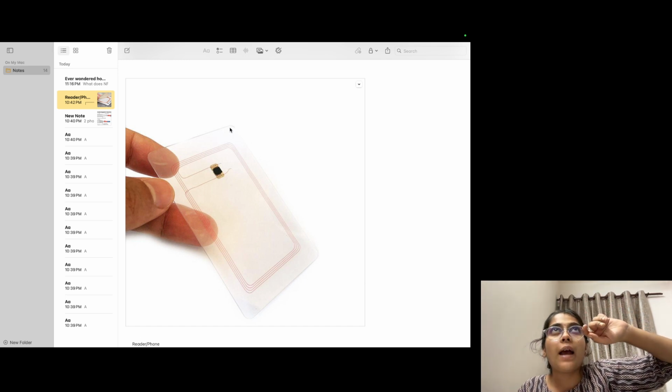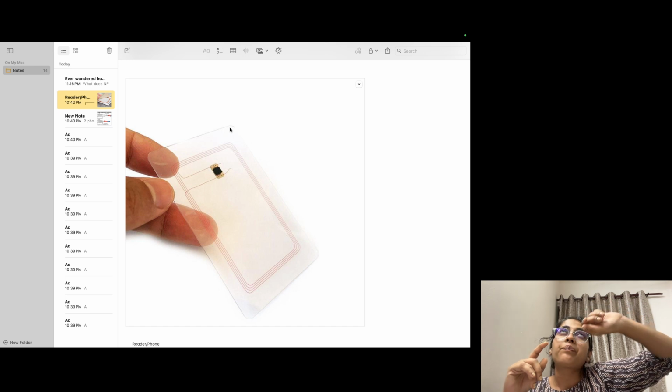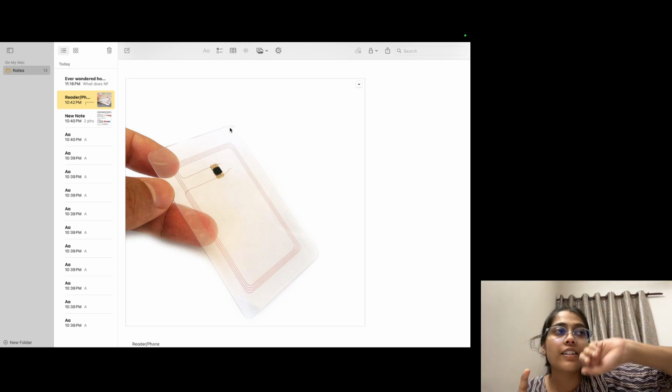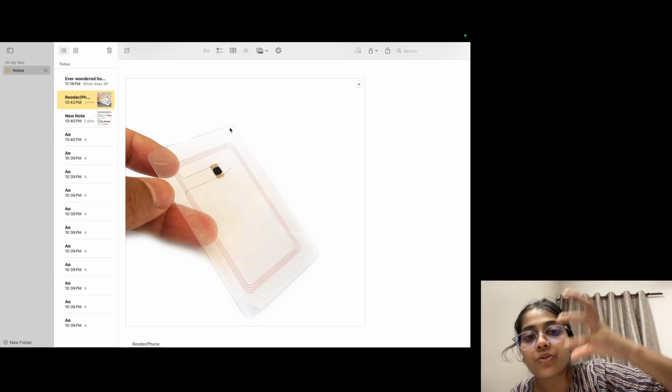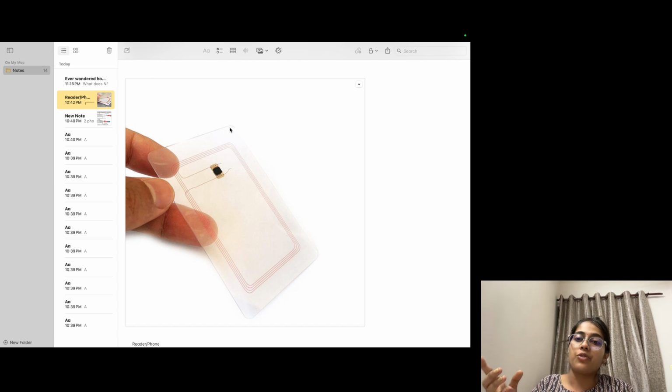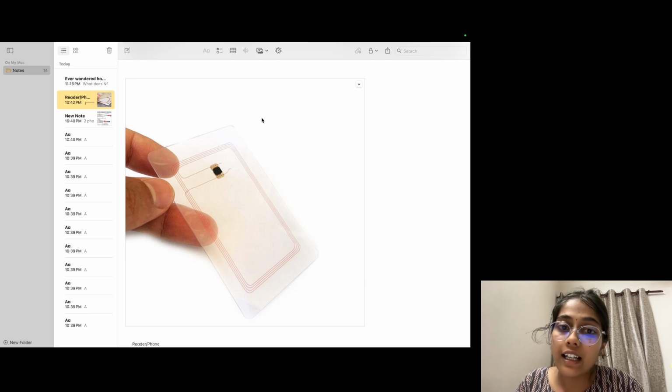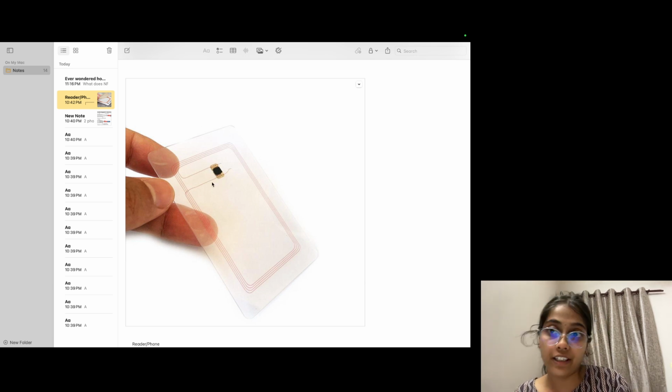Normally it is connected to the electricity, and electricity of course produces a magnetic field. So this reader starts producing the magnetic field. Then our ID card will detect the magnetic field.